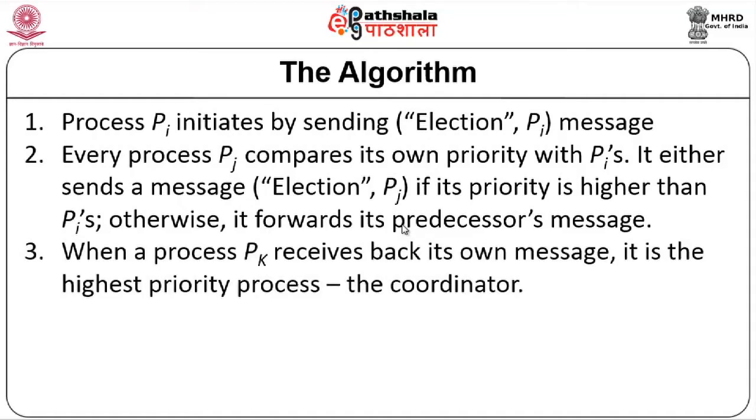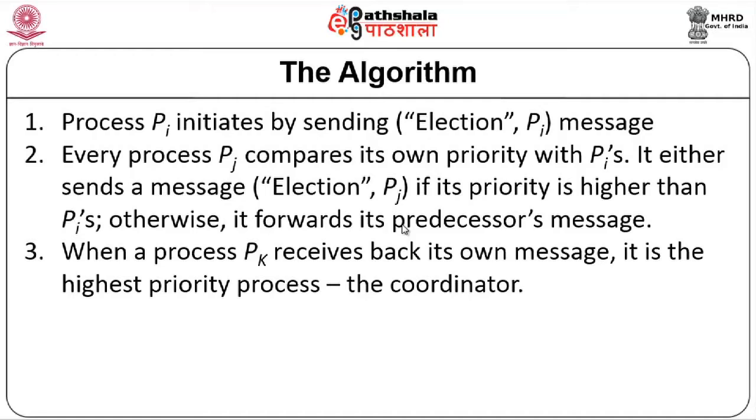The third step of the algorithm says that when a process pk receives back its own message... I am a process, I received an election comma x message from my earlier node, and, having my ID greater, I changed it to election comma my own ID and communicated it to the next node through my out channel.